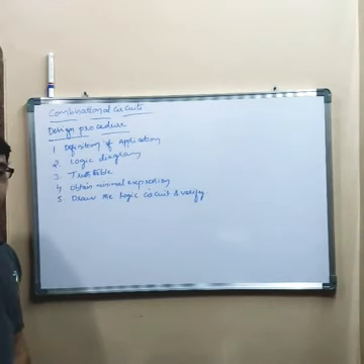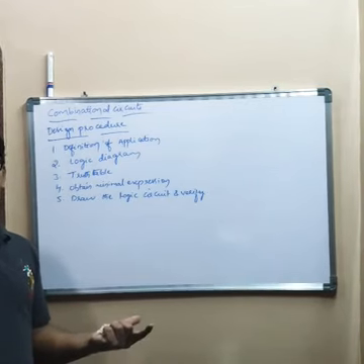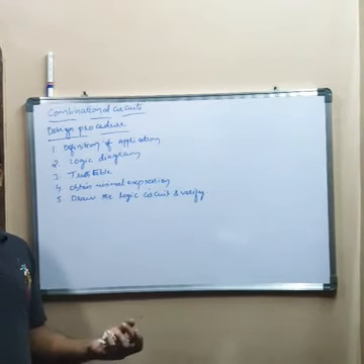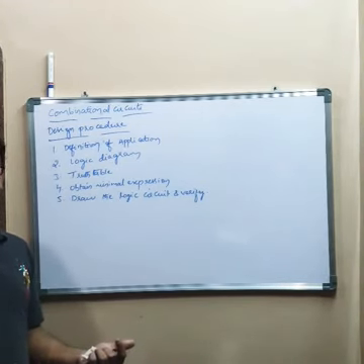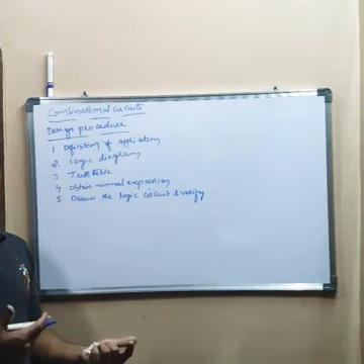Suppose, for example, I will take an adder. I want to design an adder. So what the adder has, it has inputs. How many inputs? There are different types of adders like half adder, full adder and 4-bit parallel adder, all these things. Based on this, you will define the inputs and designate the inputs.